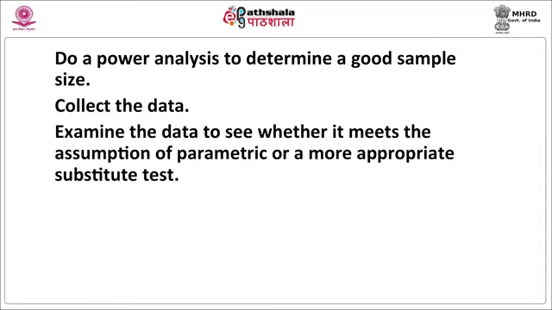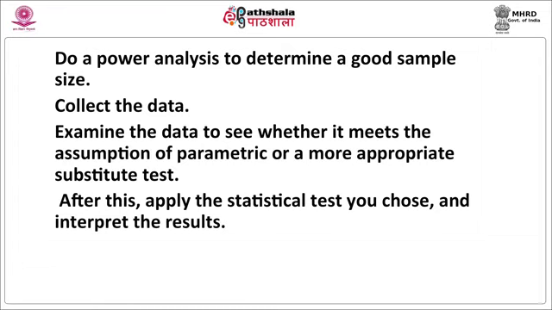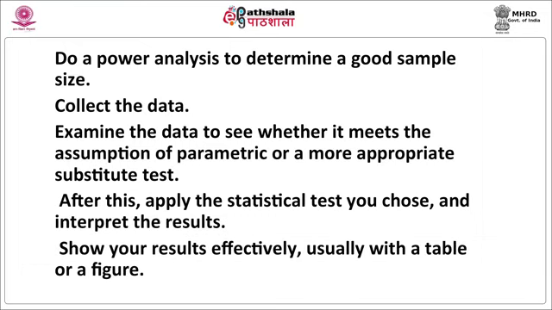Examine the data to see whether it meets the assumption of parametric or a more appropriate substitute test. After this, apply the statistical test you choose and interpret the results. Then, show your results effectively, usually with a table or a figure.